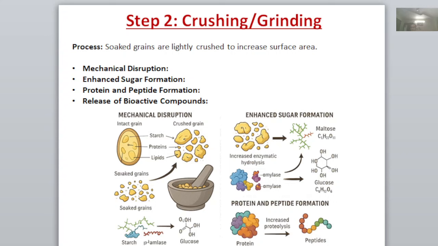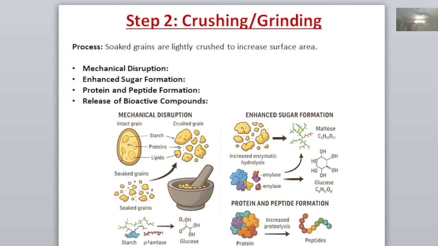you are giving more surface area to interact with the water, and now starch is interacting with alpha amylase or beta amylase. The disaccharides and trisaccharides are going to convert to maltose and then further into glucose.